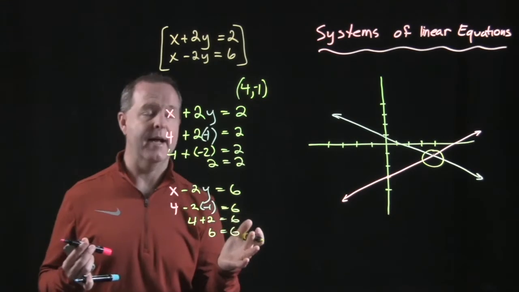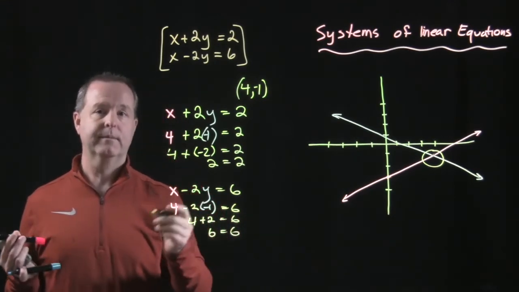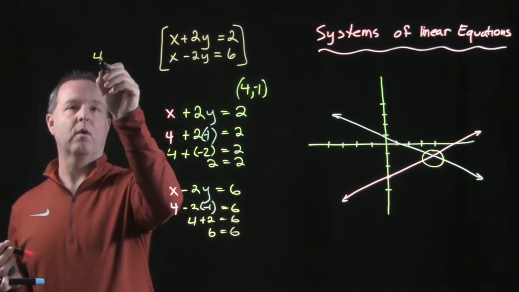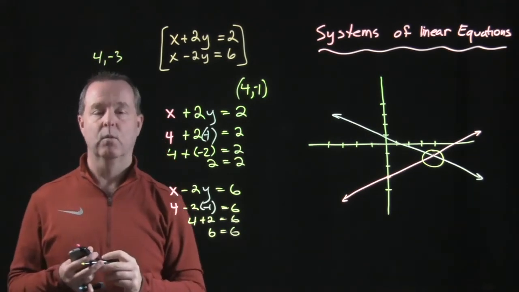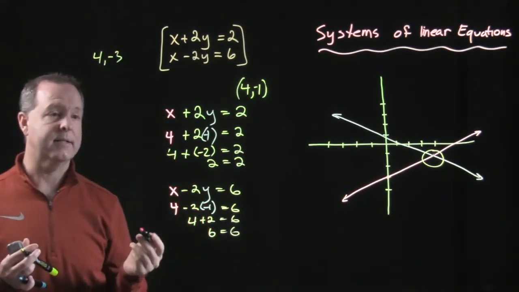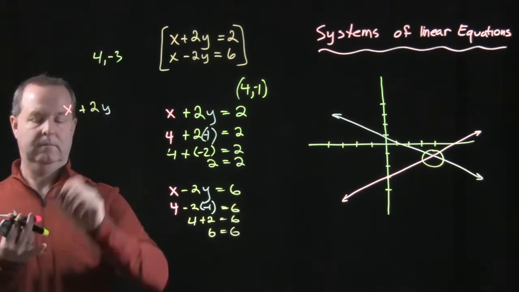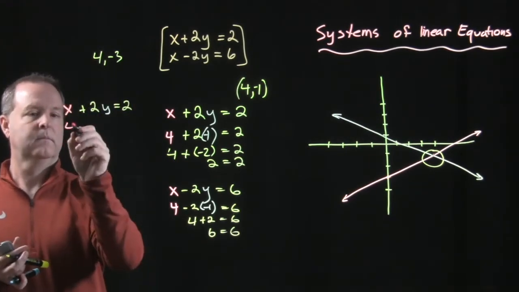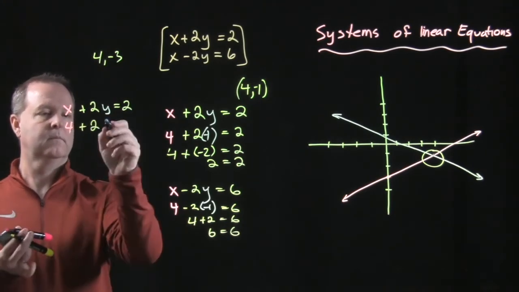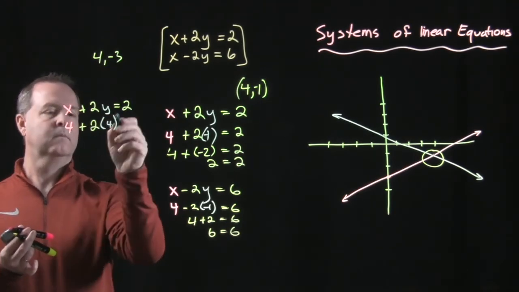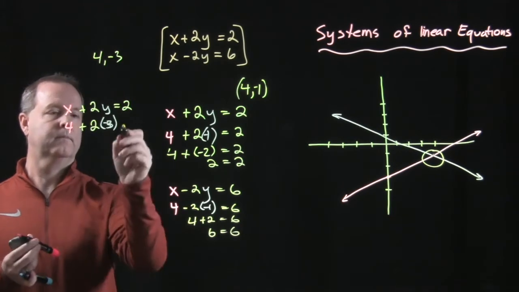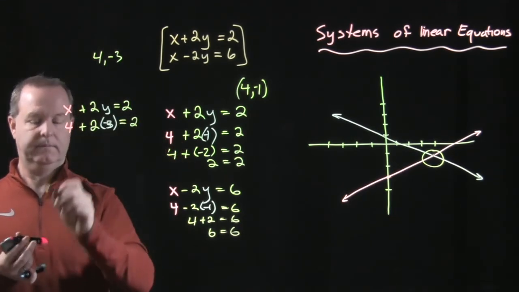Now to contrast that, let's look at another point. Let's look at maybe the point (4, -3). What would that look like? Same process. Work that out.